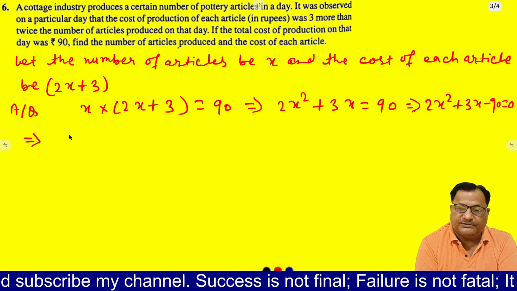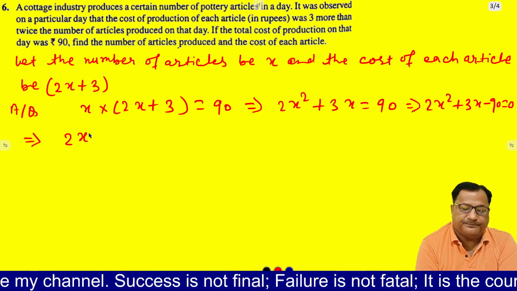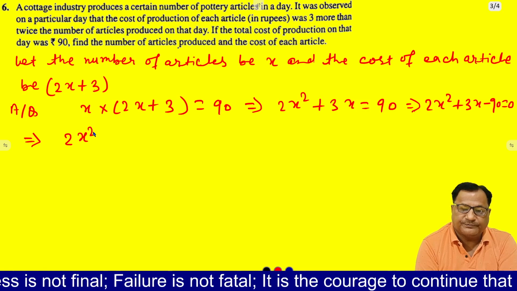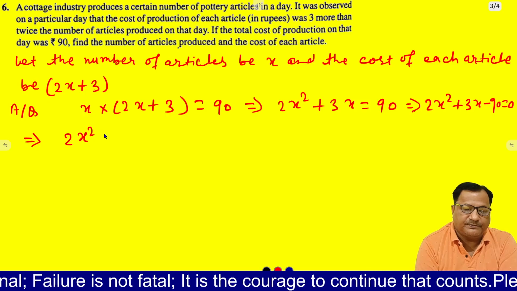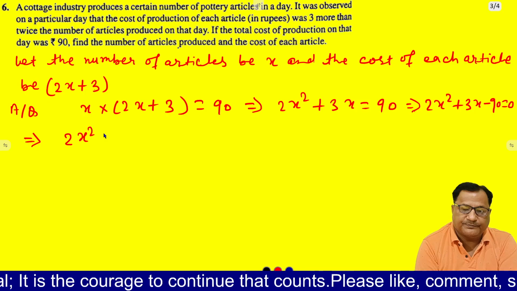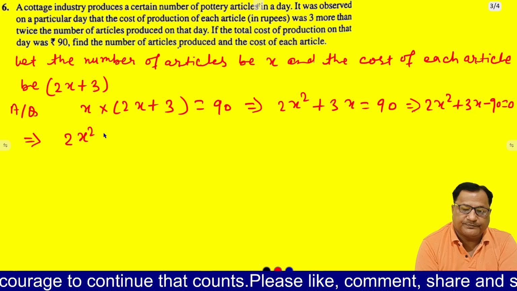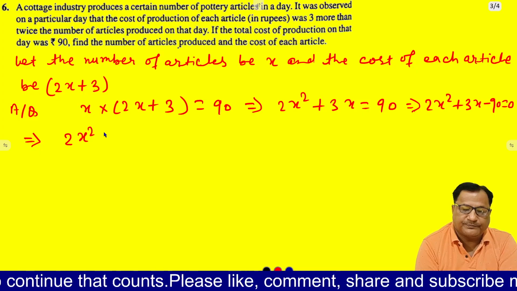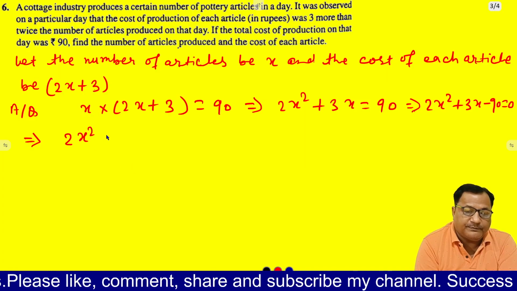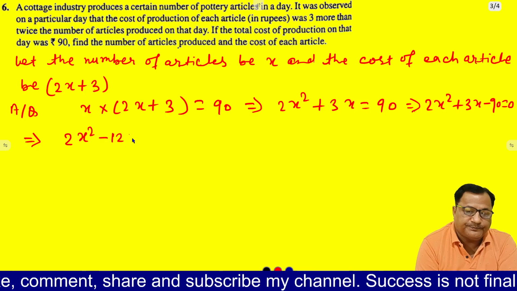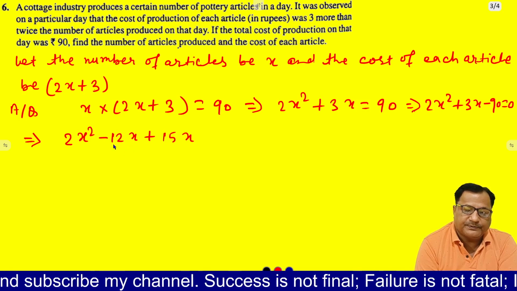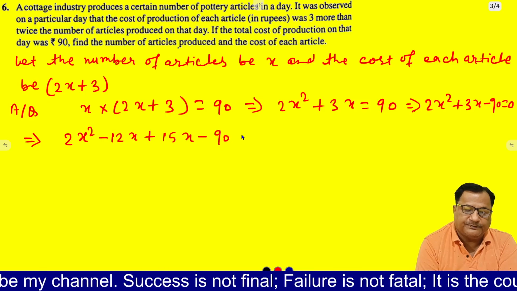If we split the middle term, then 2x square minus 12x plus 15x minus 90 equal to 0.